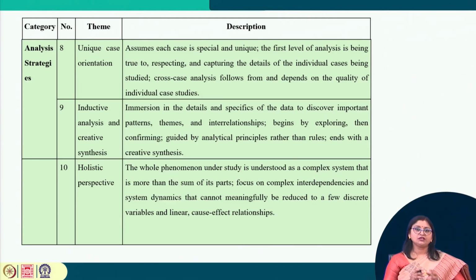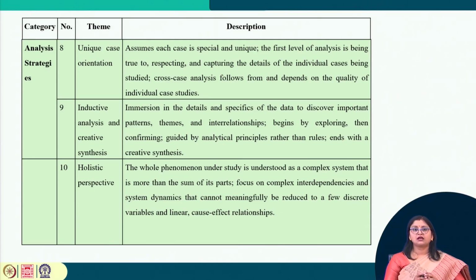It involves immersion in the details and specifics of the data to discover important patterns, themes and interrelationships. It begins by exploring and then confirming, guided by analytical principles rather than rules, and ends with creative synthesis. This is the description of inductive analysis and creative synthesis. Then the 10th one, in the third part of analysis strategy, is the holistic perspective.